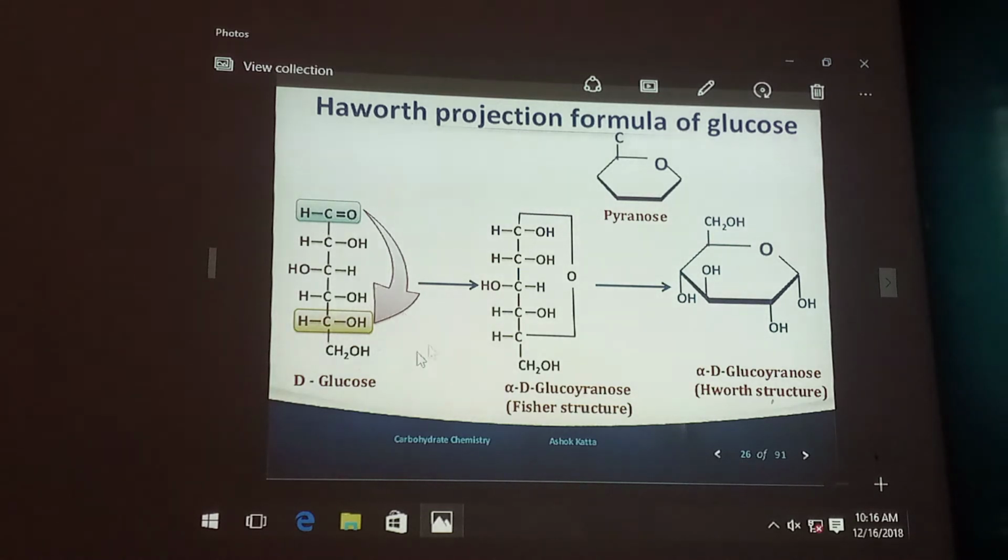So as a result, we are getting the Haworth projection, derived from the Fischer projection. This Haworth projection can then be given the form of glucopyranose. That is, this is carbon number 1, 2, 3, 4, 5, and 6. The numbering which we are going to draw over here will be in clockwise fashion.